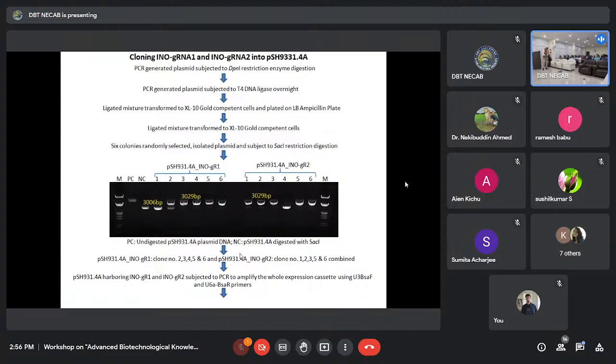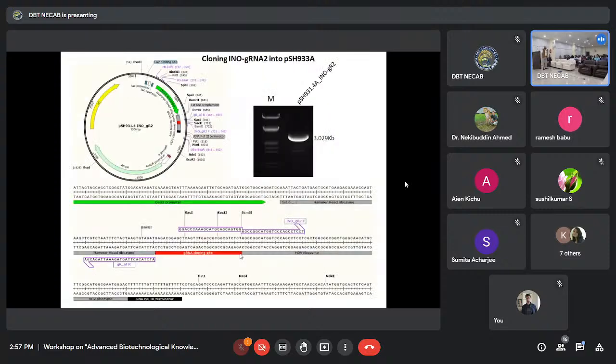digestion again, like NcoI. It also has the SacI site. In the earlier vector there was an NcoI, but here they have SacI and SacII sites. If your DNA is cloned here, this site will be abolished, because we are using the primer here and here.